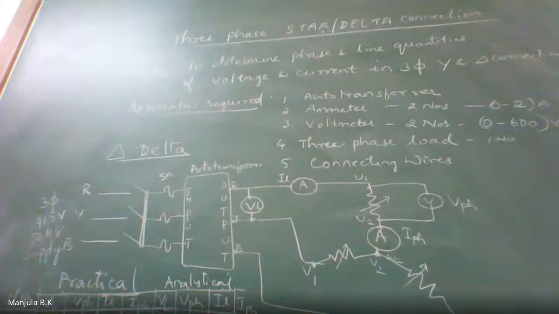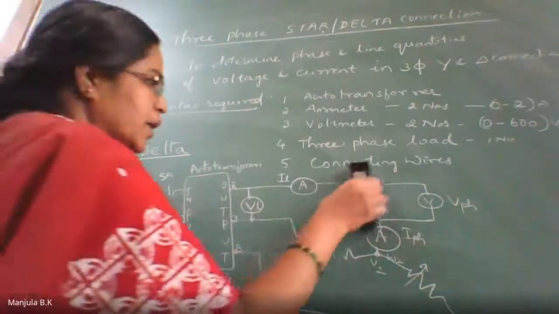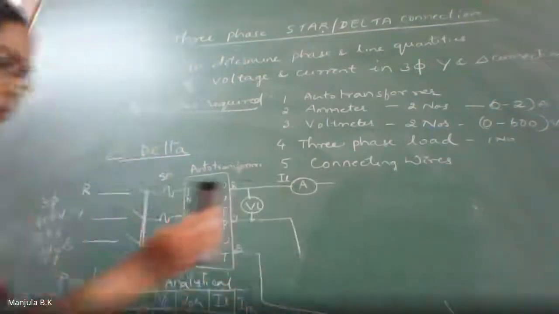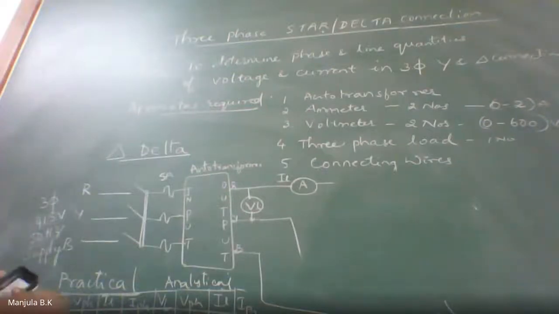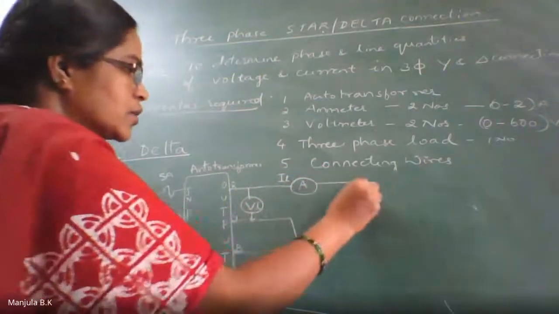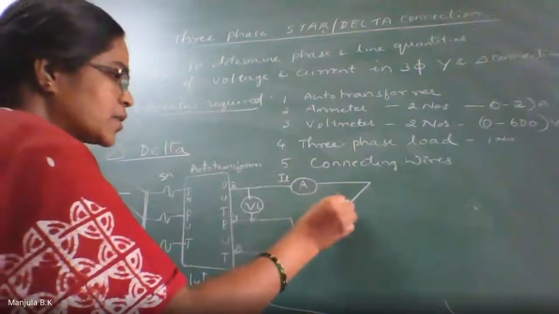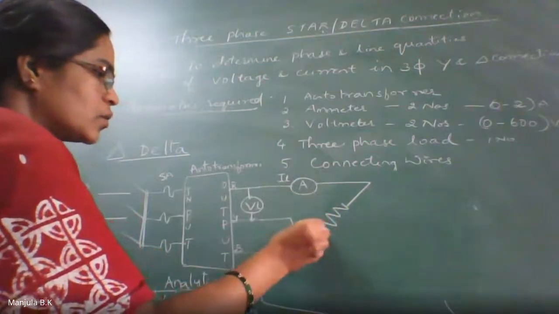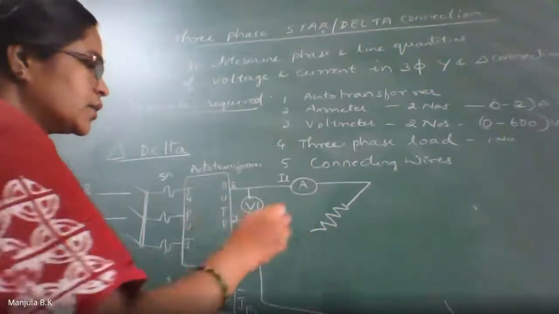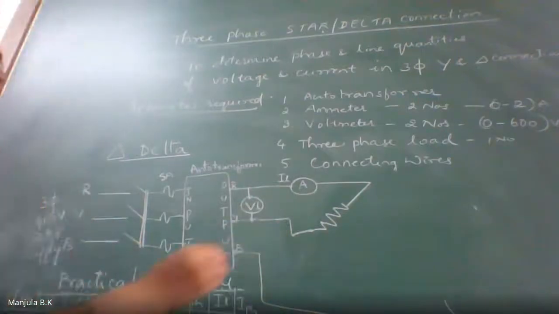So now we will connect this star part in delta form. IL and VL remain the same. So you can connect in 3 phases.